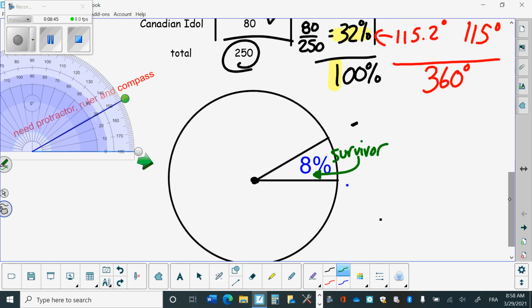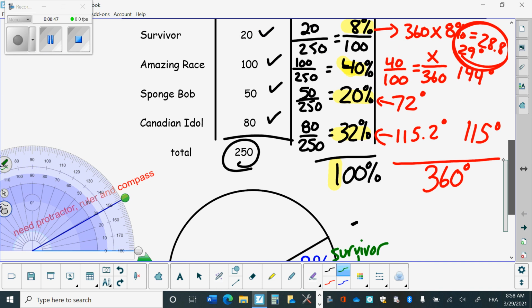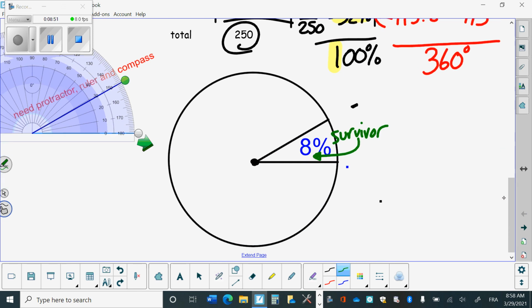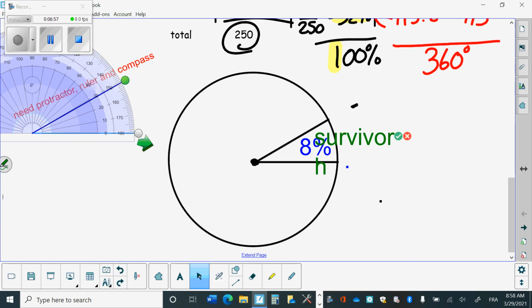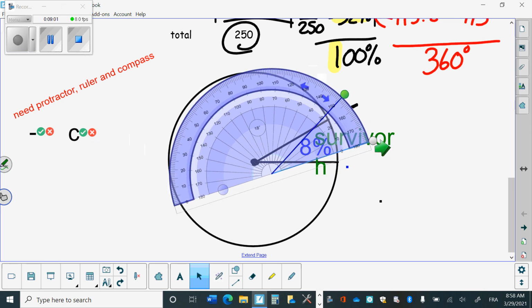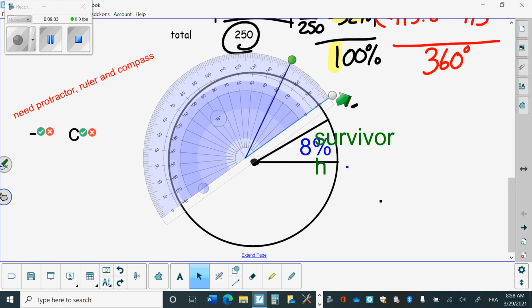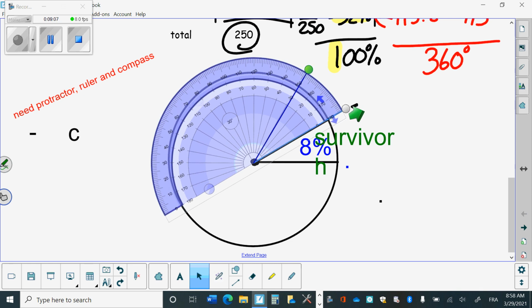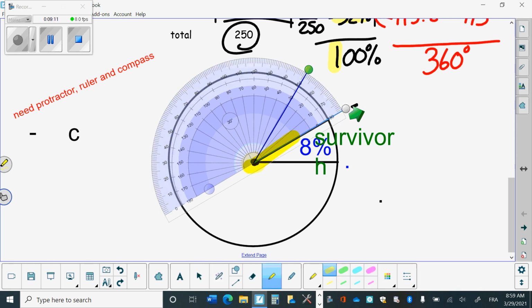Next one is Amazing Race, and I have 144 degrees. So again, use your protractor. And you want to rotate that a little bit. So you maybe want to rotate your paper instead of rotating the protractor. But here, notice again, I'm lined up 0 straight there.